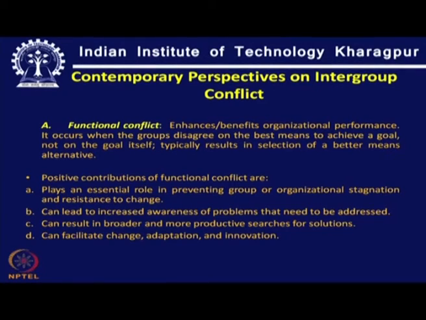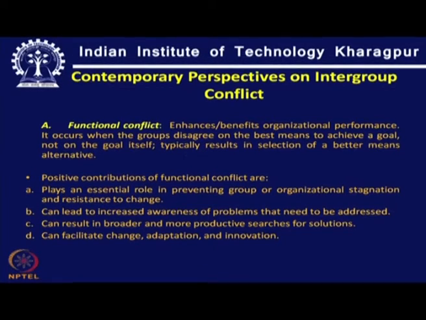It occurs when groups disagree on the best means to achieve a goal, not on the goal itself, and typically results in the selection of a better means or alternative. So the groups do not differ in the goal, but they differ in how to reach that goal. And when you get different ways of reaching a particular goal, we can select among the alternatives and arrive at the best one.